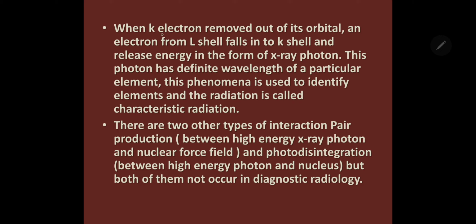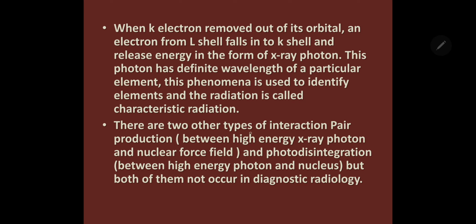When a K electron is removed out of the orbital, an electron from the L shell falls into the K shell and releases energy in the form of an X-ray photon. This photon has definite wavelengths specific to the particular element, which identifies the element, and the radiation is called characteristic radiation.